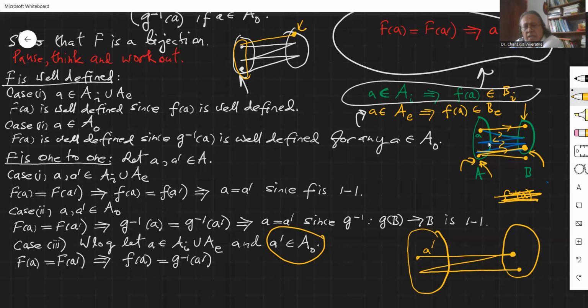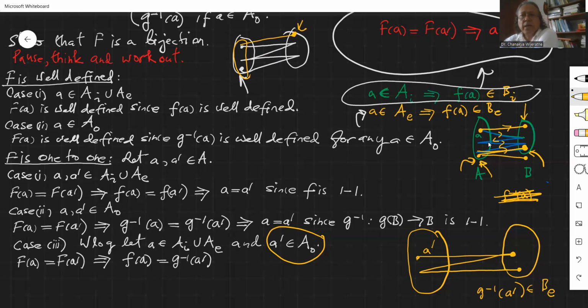A prime has an odd number of ancestors, and g inverse of A prime has an even number of ancestors. So we can say that g inverse of A prime belongs to BE.